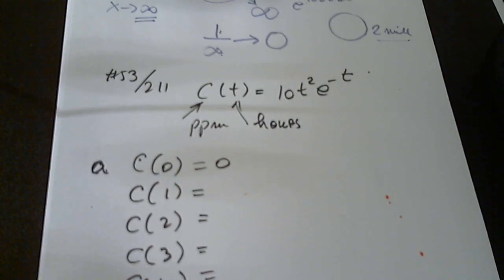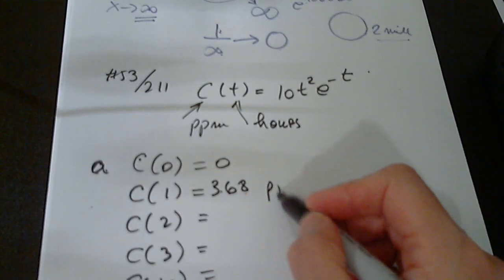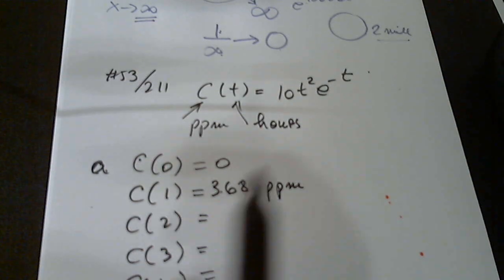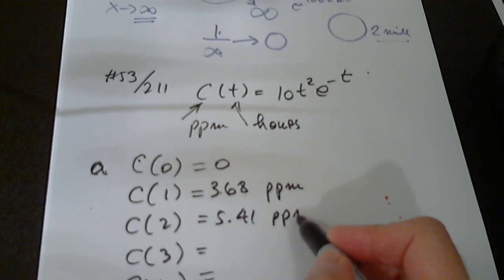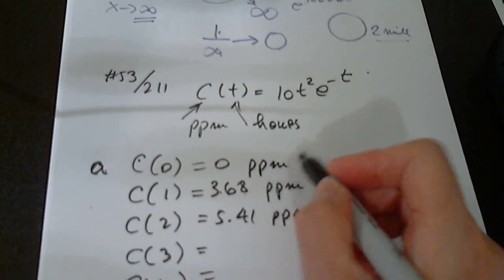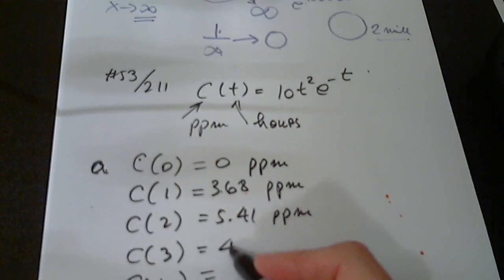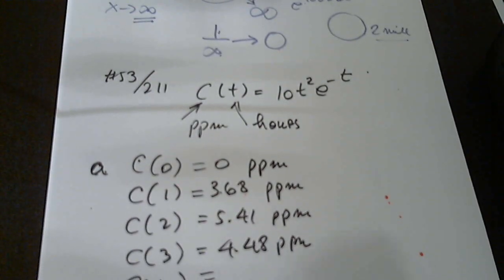Good. So I go back and highlight, although it's very clear. So 3.68, and this is ppm. And then the next one is 5.41, also ppm, parts per million. And then 4.48 ppm. And then I'll copy the 5 in here.